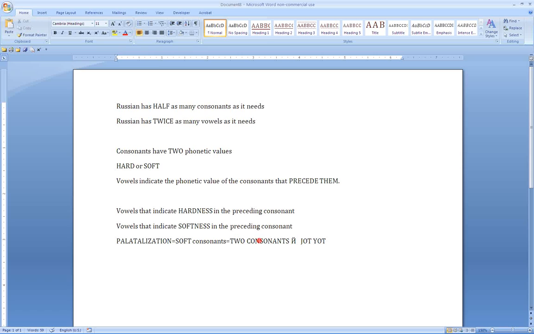And I'm gonna pronounce a couple words very, very clearly and very slowly that have palatalized or softened consonants in them, and you'll hear this quality. It's almost like I'm pronouncing a Y sound, like the Y in the word yellow, along with the primary consonant value.